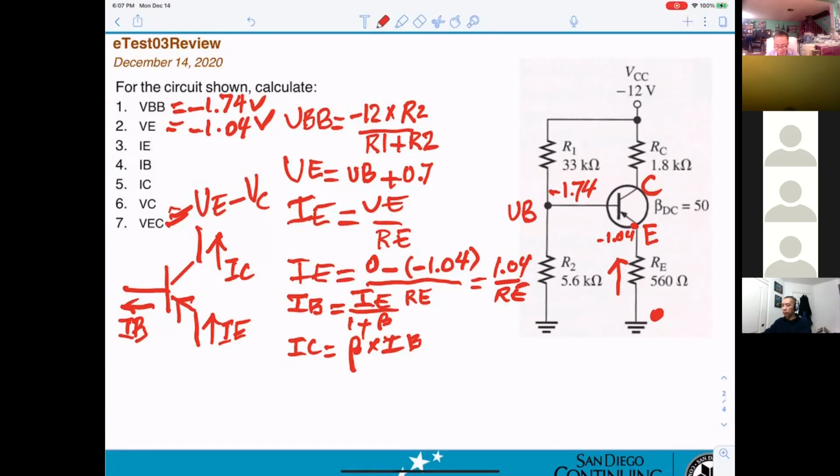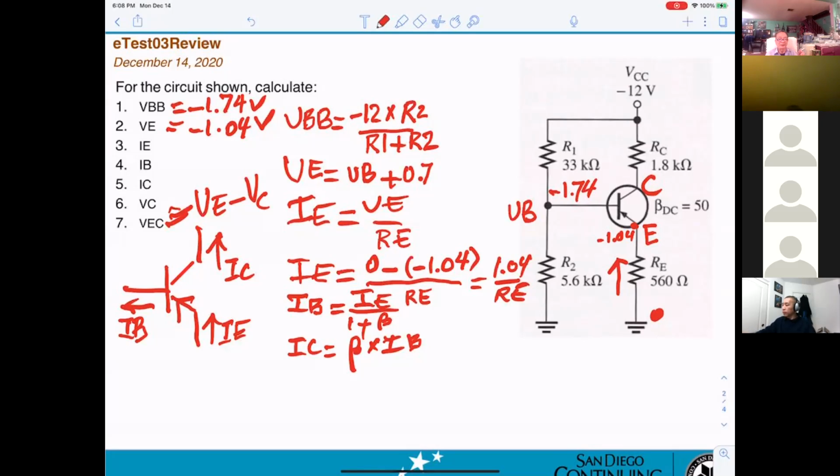So you take your VE minus VC, then you can see the negative does not depend on which one is higher. I got 7.792 for my VEC here. That's just the difference in voltages from VE to VC, will be a minus, right? Mine is a positive here, unless I did something wrong.